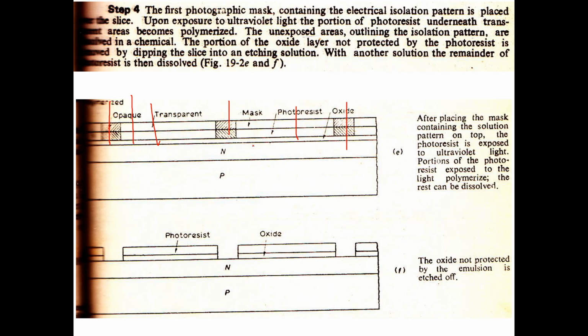These regions are transparent regions. Portions of the photoresist exposed to the light polymerize. The rest can be dissolved. So the oxide not protected by the emulsion is etched off. So these are all the places where it has been etched off. Here also.